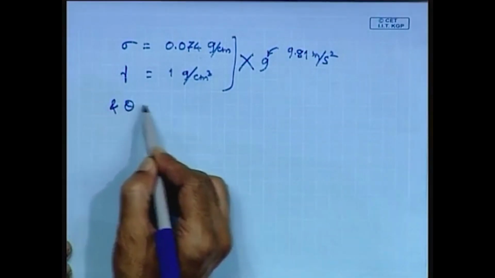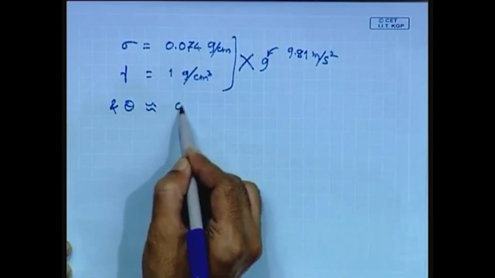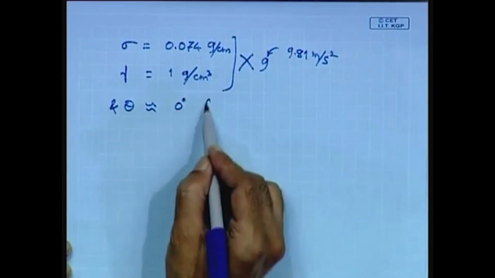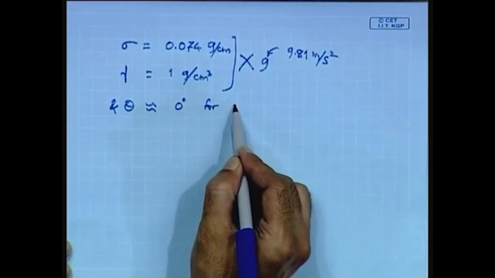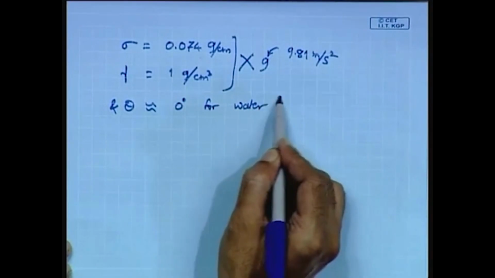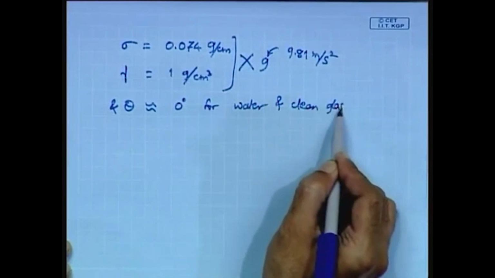And this theta is approximately equal to 0 degree for water and clean glass.